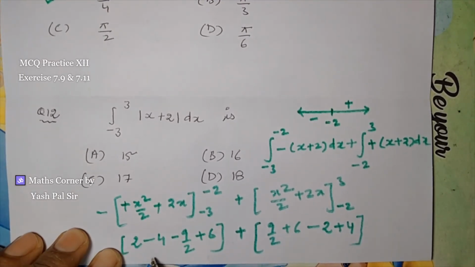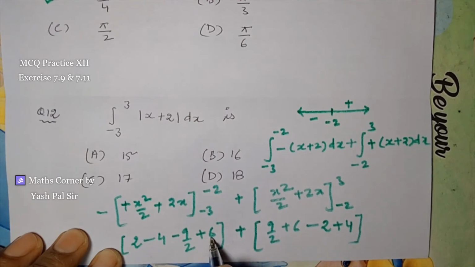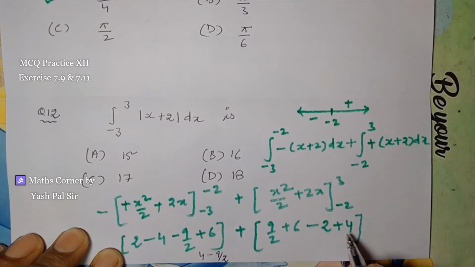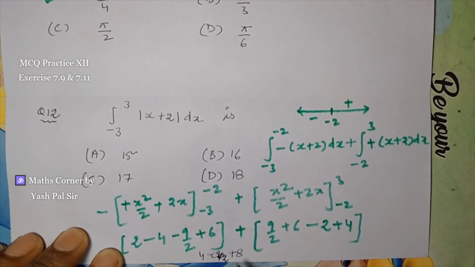Now 2 minus 4 is minus 2, minus 2 plus 4 plus 6 is plus 4, minus 9 upon 2 plus 9 upon 2 cancelled, 6 plus 4 is 10, 10 minus 2 is 8, plus 8.